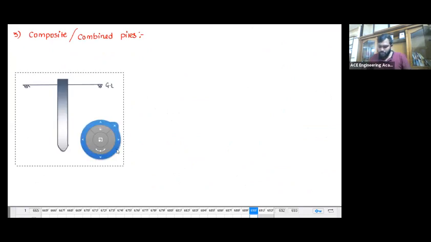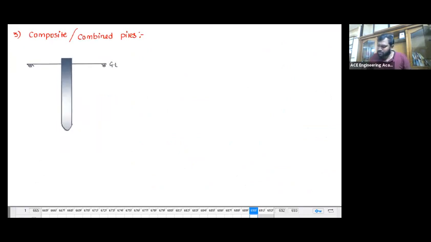Now, if there is a hard strata and a soft soil located, this is the hard strata and this is the soft soil.